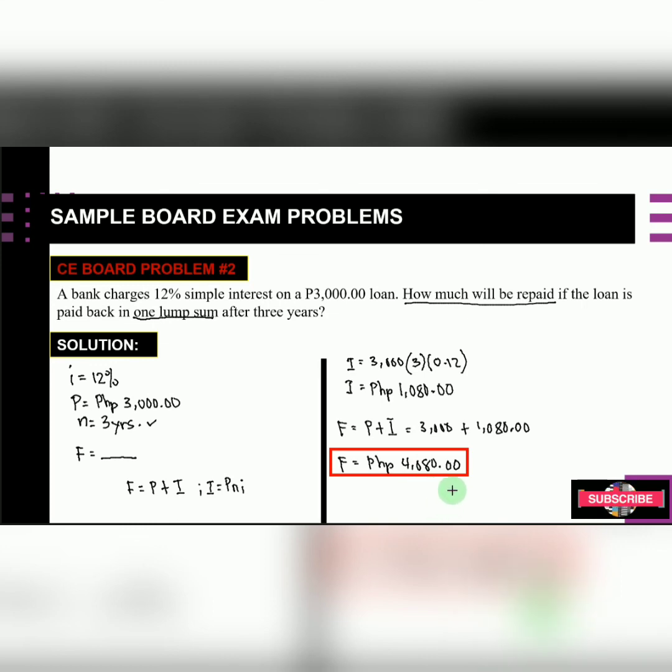So we are done with these two problems, and in my next lecture video I will discuss another board exam problem using the exact simple interest, and what are the things that you need to consider if you are dealing with an exact simple interest in some years, maybe from year 2000 until 2016, or maybe from the 1990s to 2015.